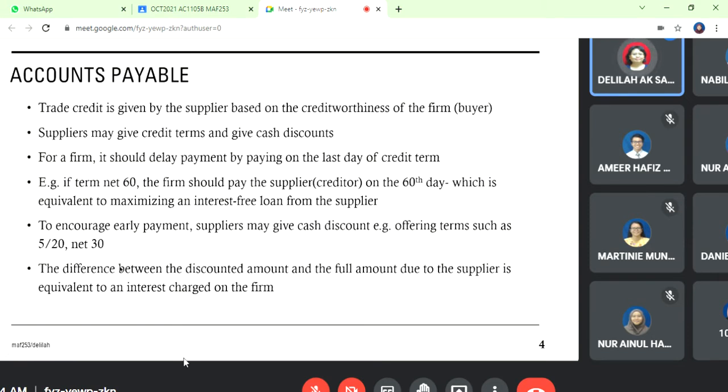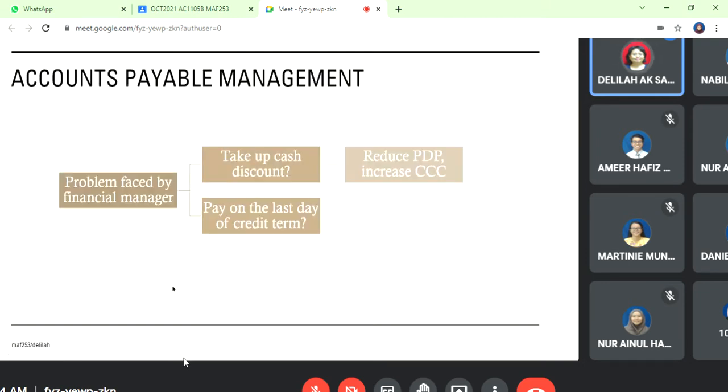When you have terms like this, you use the formula that you had last week to look at the cost for your company if they do not take the discount.